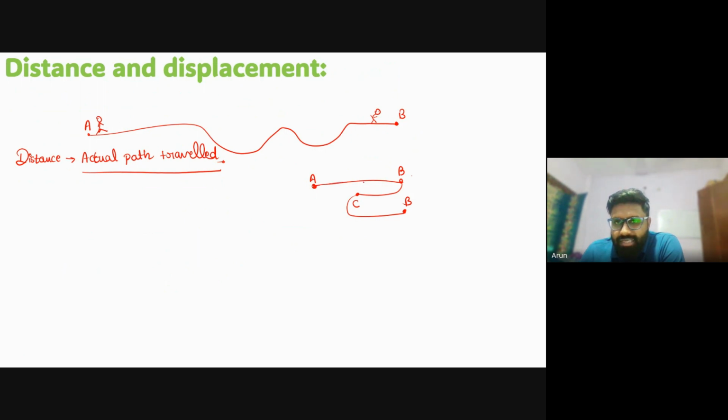So distance is AB plus BC plus CB. Means in distance we count each and every step that you have taken to reach the final destination. Got it?